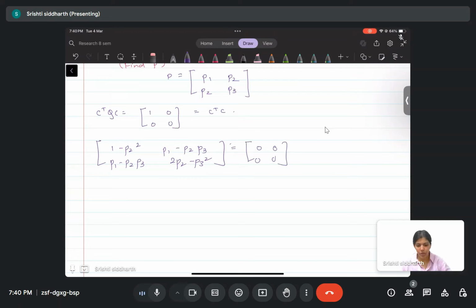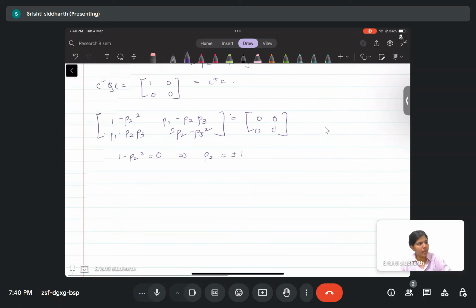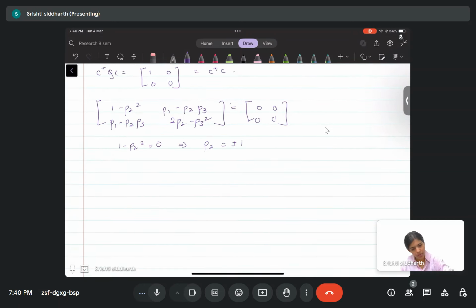So we have 3 equations and 3 unknowns. So we have 1 minus P2 squared equals 0, which implies that P2 can be plus or minus 1. Which implies that P3 squared is 2P2.